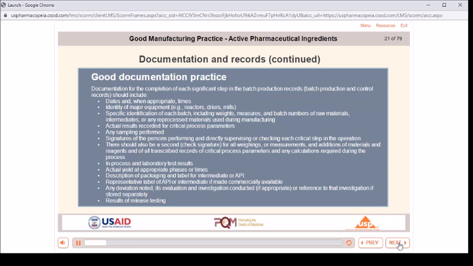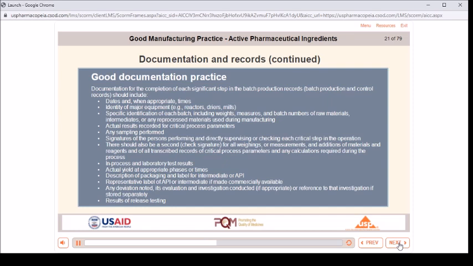Documentation for the completion of each significant step in the batch production records, batch production, and control records should include dates and, when appropriate, times, identity of major equipment, e.g., reactors, dryers, mills, specific identification of each batch, including weights, measures, and batch numbers of raw materials, intermediates, or any reprocessed materials used during manufacturing, actual results recorded for critical process parameters, any sampling performed, signatures of the persons performing and directly supervising or checking each critical step in the operation.